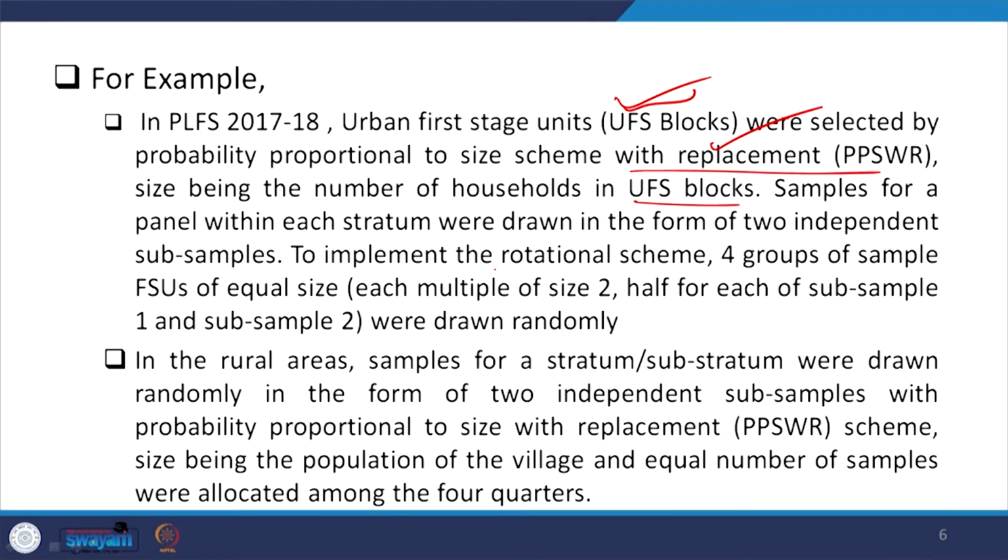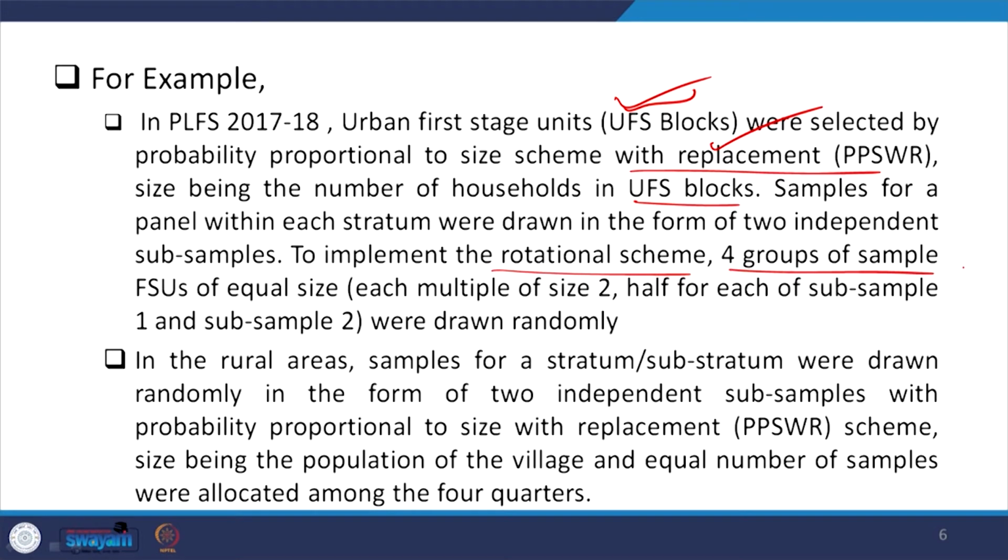To implement the rotational scheme, they followed 4 subgroups of samples of FSUs of equal size, drawn randomly.